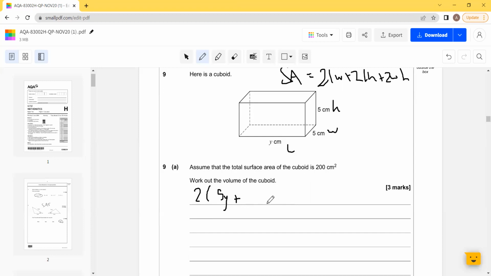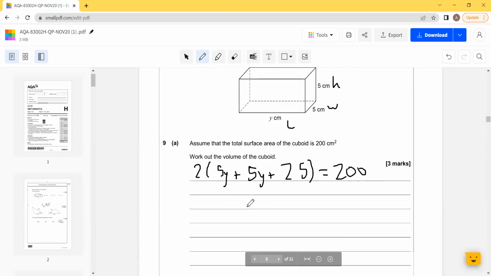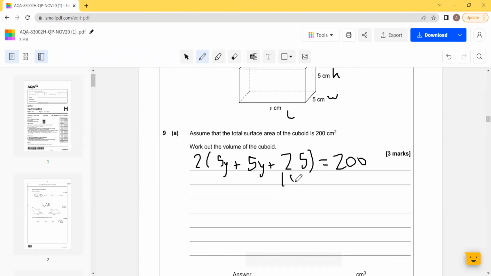LH, again, is 5y, and WH is 25. We're going to set this equal to 200. Now we're going to solve for y. I'll first simplify what's inside the brackets and then divide both sides by 2. So 10y plus 25 is equal to 100. So 10y is equal to 75. So our length is 7.5.